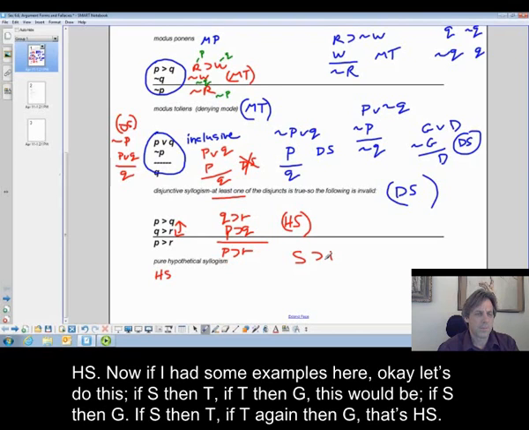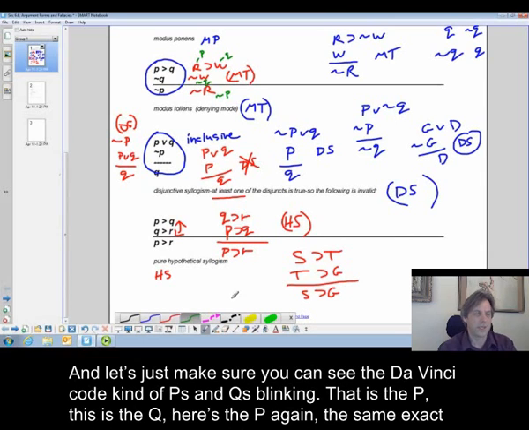Now, if I had some examples here, okay, let's do this. If S, then T. If T, then G. This would be if S, then G. If S, then T. If T again, then G. That's HS. And let's just make sure you can see the Da Vinci Code kind of P's and Q's blinking, right?